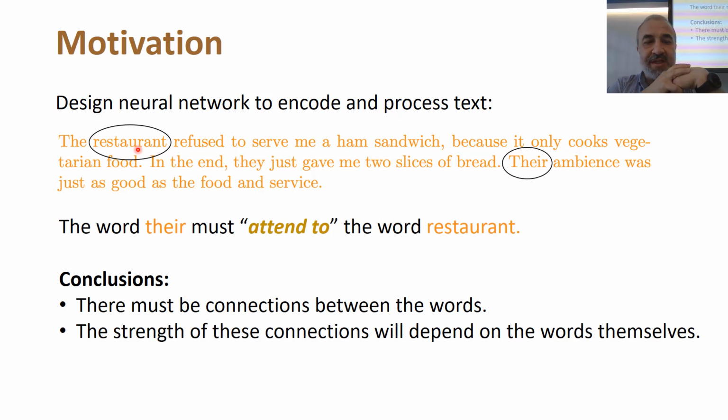So the conclusion from this is that there must be connections between the words, and the strength of the connections will depend on the words themselves. Given one sentence or one paragraph, a word can be related to other words with different strengths, because it might be very related to one word and less related to another, and this happens in the same text.